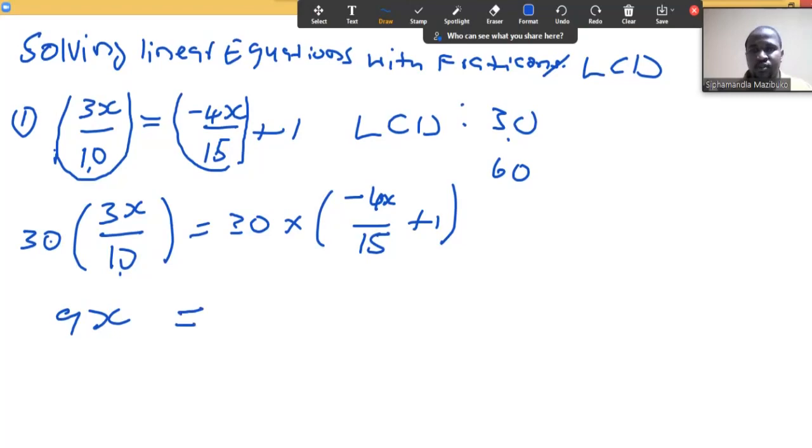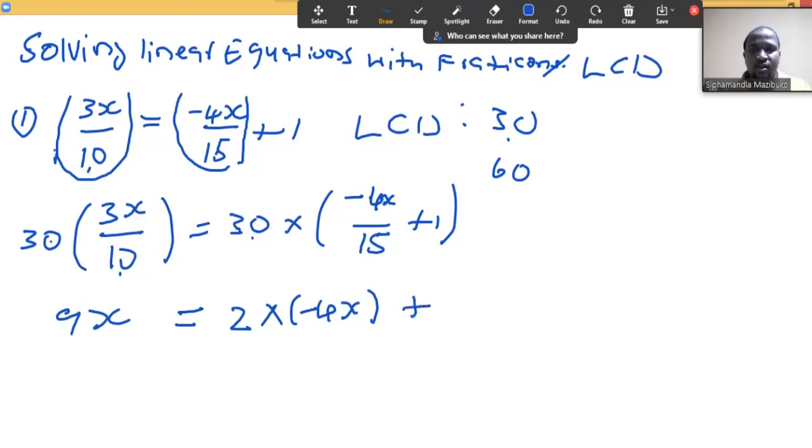Now 30 divided by 15 is 2, so we'll have 2 multiplied by minus 4x. Because we have two terms here, we need to multiply 30 with minus 4x over 15, and we still have to multiply 30 by 1.